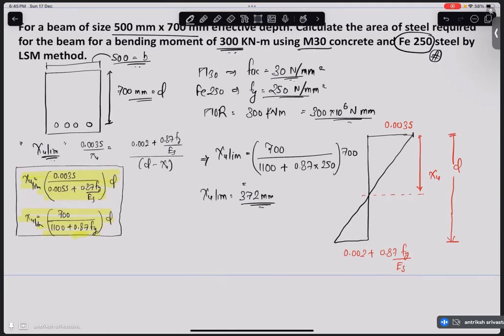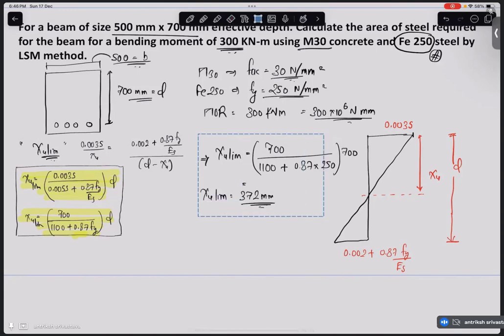Alright, now we have to calculate our Mu limiting. But before that, let me tell you how we calculate the compressive force. Basically we want to calculate our Mu limiting from the concrete side, so compressive force into the lever arm. So before that, let me tell you how we calculate our compressive stress.